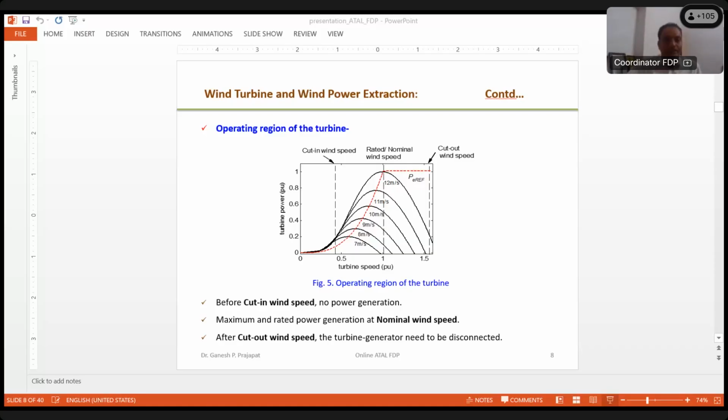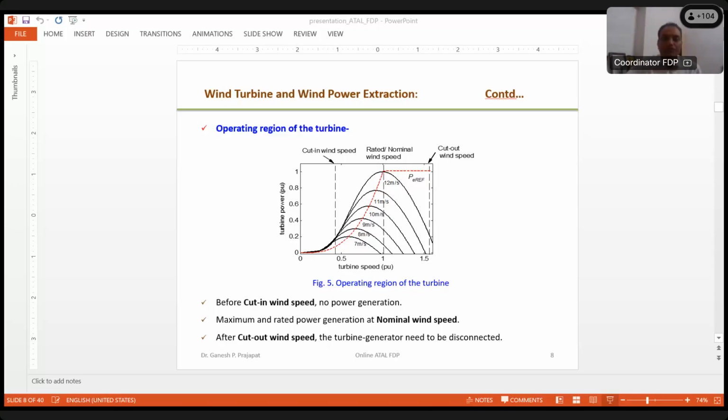If the speed of the generator is lesser than the synchronous speed, then it will try to get the power out of the grid. It will absorb the power from the grid. So this should be taken care of: whenever we are connecting this generator, the speed of the shaft must be greater than the synchronous speed.